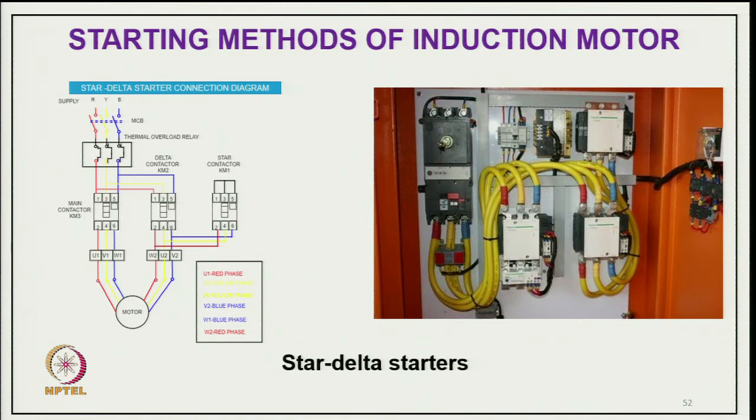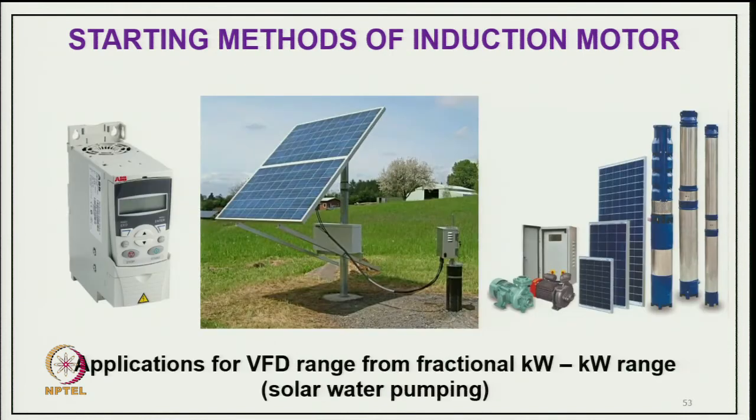or speed operated, but normally speed operated change over from star to delta is tedious. So, we use the time rated one, and after a certain time we convert it from star to delta, because finally the motor is designed as a delta connected motor. So, all these starters are used for the purpose of typically reducing the starting current, and nowadays we have the application of variable frequency drives, from fractional kilowatt to kilowatt range.